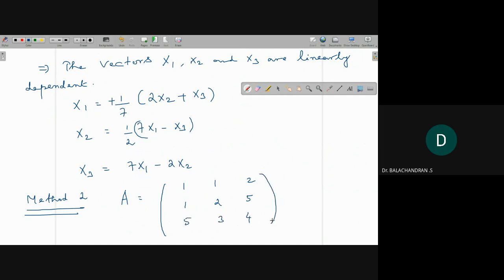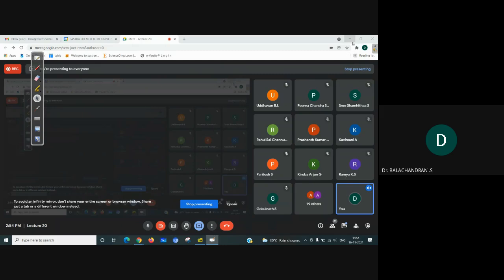So now I am going to convert into row echelon form. I am going to convert these two elements to 0 first, so I need some transformation. Who is ready to tell the transformation? R2 becomes R2 minus R1, sir.